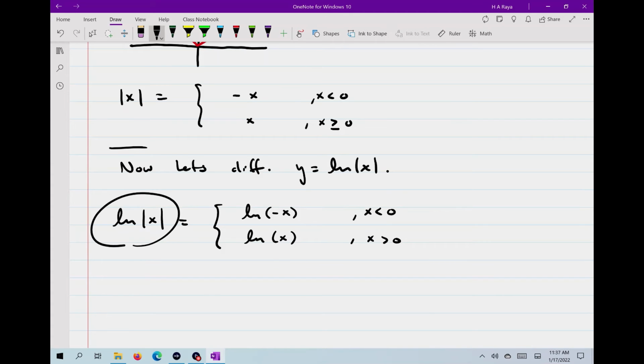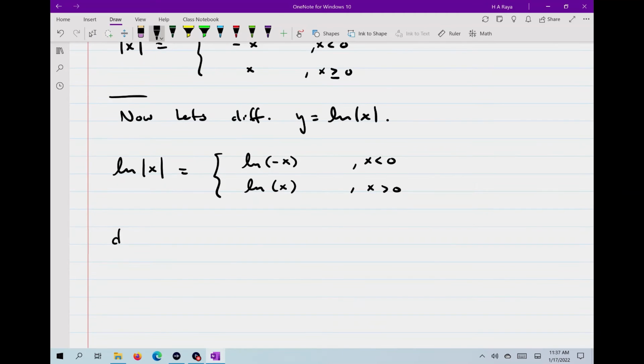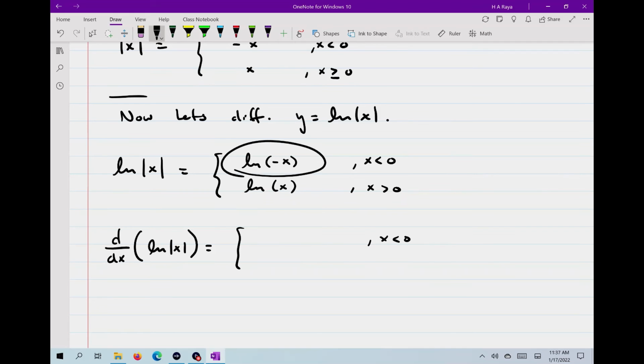Now, when taking the derivative of the natural log of the absolute value of x, we can take the derivative of these individual pieces. So the derivative with respect to x of the natural log of the absolute value of x is going to be this piecewise function. And when your x's are negative, we'll be using this definition.